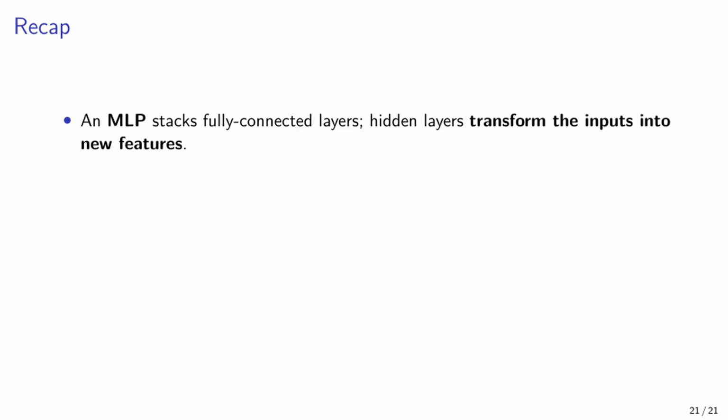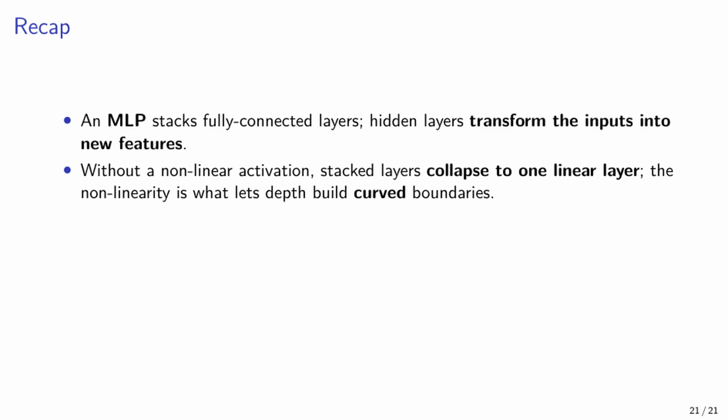Let us recap. A multilayer perceptron stacks fully connected layers, and the hidden layers transform the inputs into new, more useful features. Without a non-linear activation, stacked layers collapse into a single linear layer, one straight boundary. The non-linearity is what lets depth build curved boundaries.